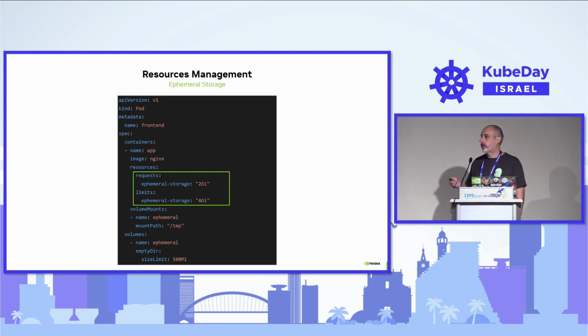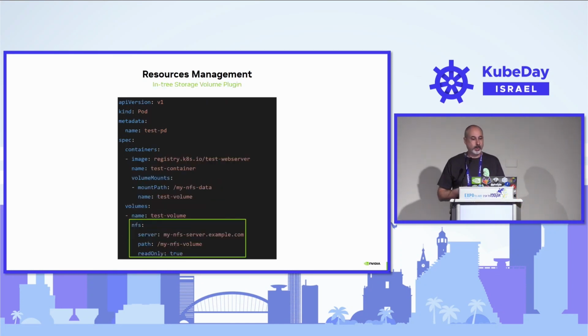Regarding persistent storage, we have a few options. The first one is what we call the in-tree storage volume plugins. In this example, we have an NFS mount where you can just specify the NFS server and all the needed parameters, and you'll get the mount inside your pod. Why is it called in-tree? Because the implementation of these volume plugins is part of the Kubernetes core code.